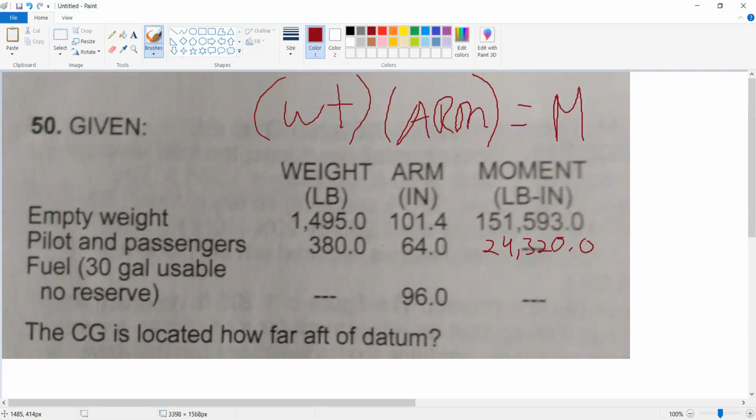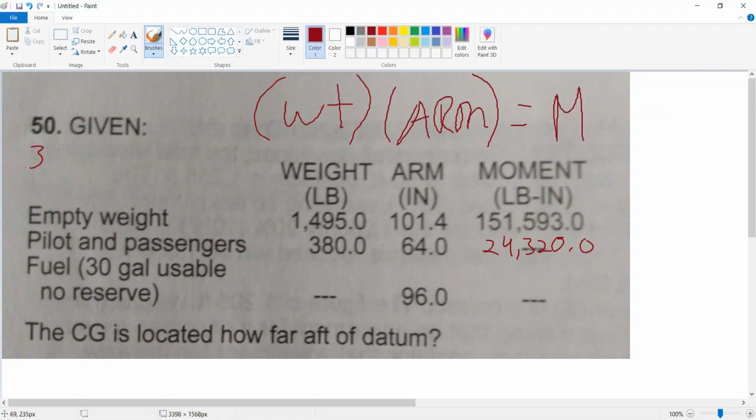Now fuel. We have the same situation. We want the fuel in pounds. Well, we know that what's given is 1 gallon equals 6 pounds. So we just have to simply multiply by 6, right? Or you could use the factor.